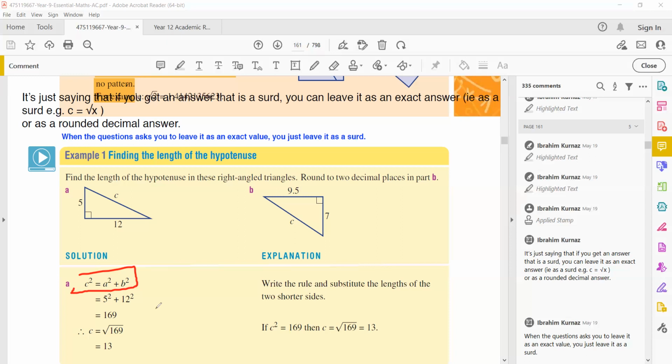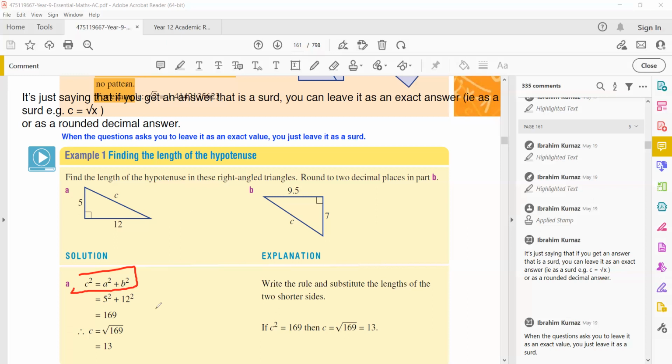You can't remember the timetable? If you can't, I have to ask you the timetable. 1 time 8, 8. 2 times 8, 16. 8 by 8, 64.